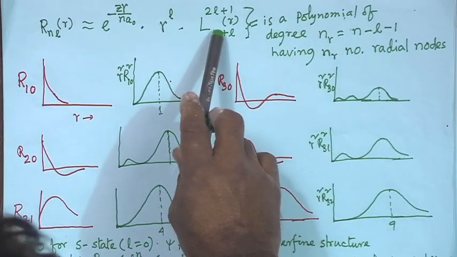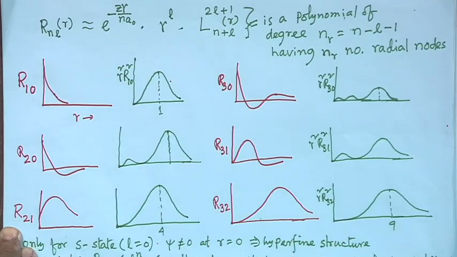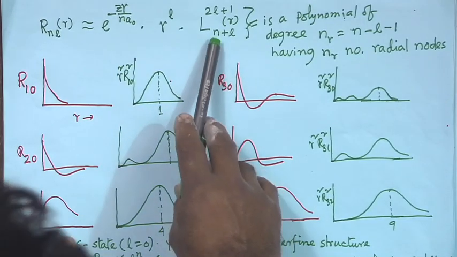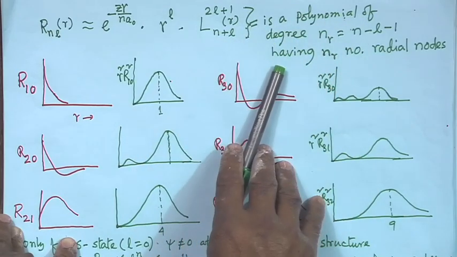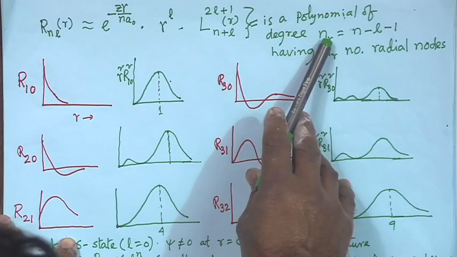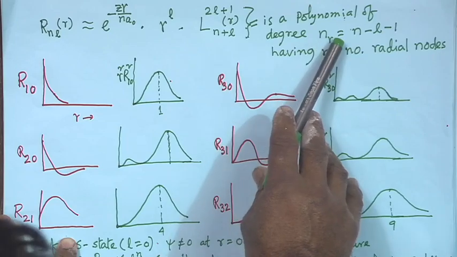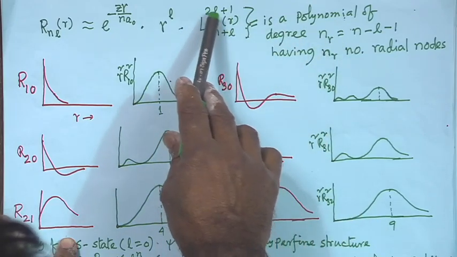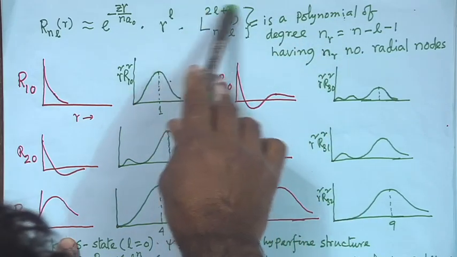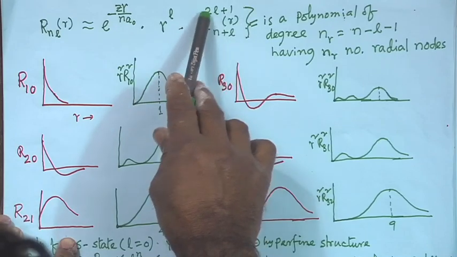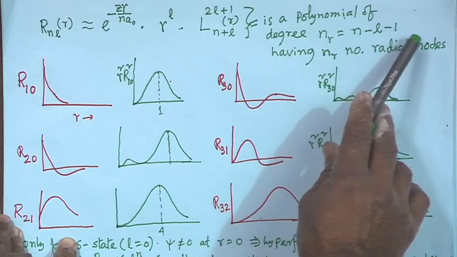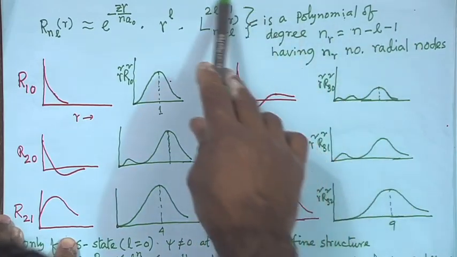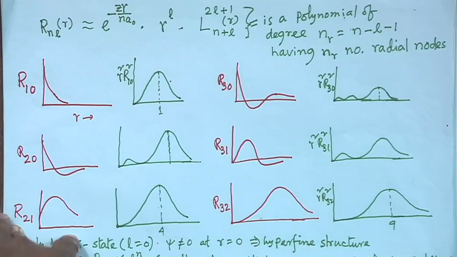Okay. So, this polynomial, this associated Laguerre polynomial, it is called, it is a polynomial of degree nr. So nr is basically n minus l minus 1, from n plus l minus (2l plus 1). These are called the degrees of this polynomial.